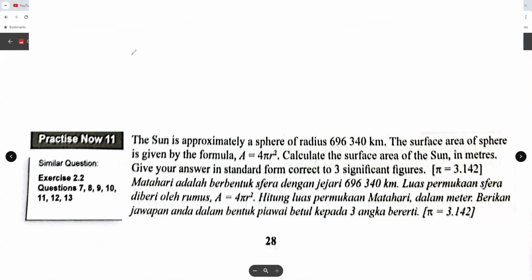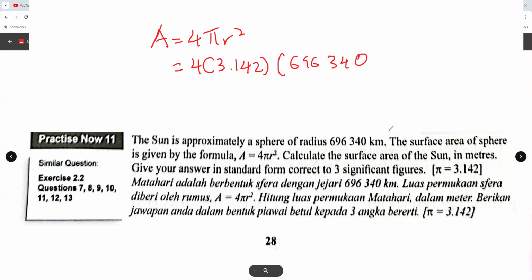Now, they just want you to find the surface area, and the formula is provided. So pi is 3.142. Now the distance is 696,340, but it's kilometers. They want it in meters. So kilo is how many? 10 power 3.